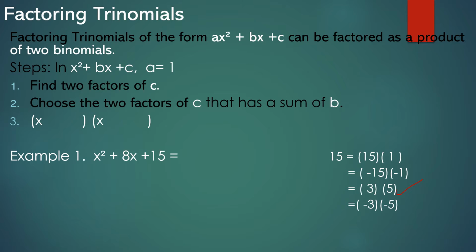Next, we put the first factor, positive 3, so that is plus 3, and then the other factor is 5, so that is plus 5. So the factored form of x squared plus 8x plus 15 is the quantity x plus 3 times the quantity x plus 5.